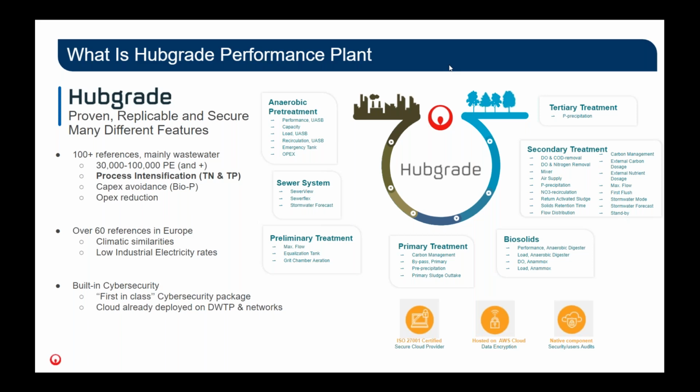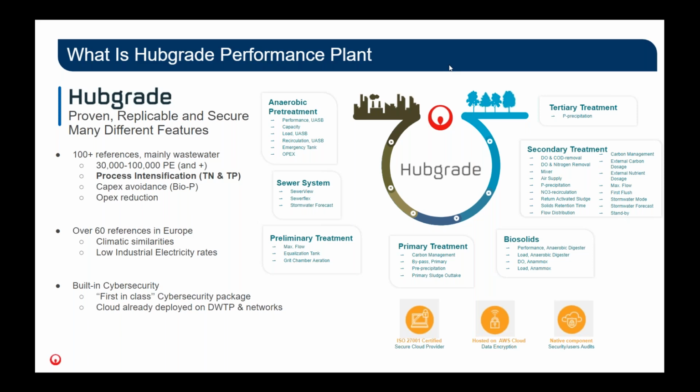We've employed these various algorithms in many different facilities across the world, for very small plants to larger plants. There are facilities with 1 million and 2 million population equivalents running this, all the way down to 10,000, as well as some industrial facilities that are using the Hubgrade Performance Plant platform.